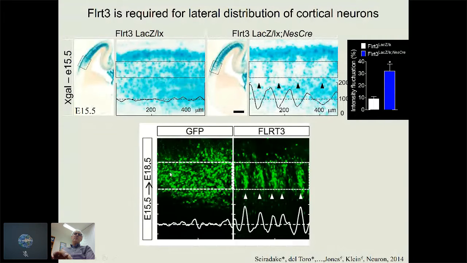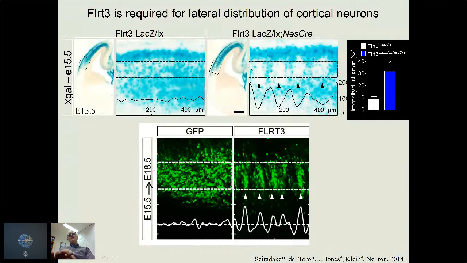Normally, in a control situation, the cells will be evenly distributed. But if they have too much FLRT3, they would also migrate in these clusters. And this is clearly dependent on this FLRT3 domain with which they interact with one another in a homophilic fashion, and not due to an interaction with the UNC5 receptor. So we think that this is probably driven by too much adhesion mediated by FLRT.